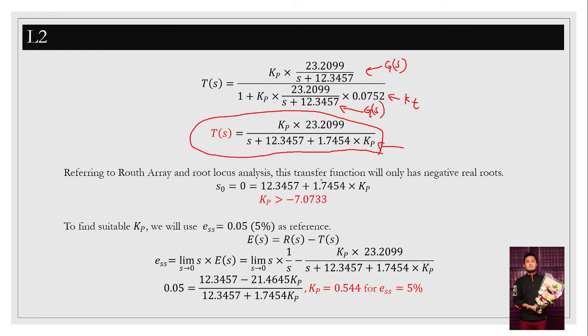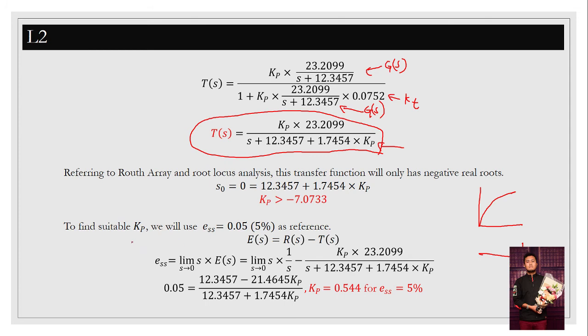So from the theory, the transfer function only has negative real roots because the graph looks like this just now, and we got Kp equals to minus 7.07. So the Kp must be greater than this because according to the root locus graph from the Ts diagram, it should be going to the left in the stable direction.